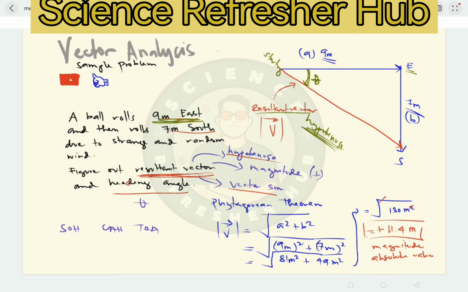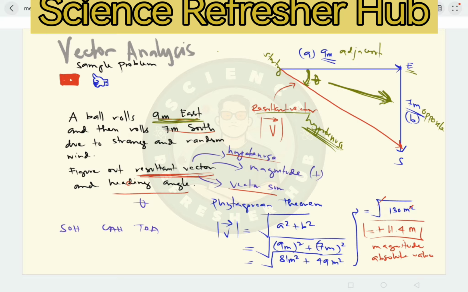So automatically this side fronting our desired angle to measure will be our opposite side. And the side adjacent to the angle to be measured, we also call the adjacent side.